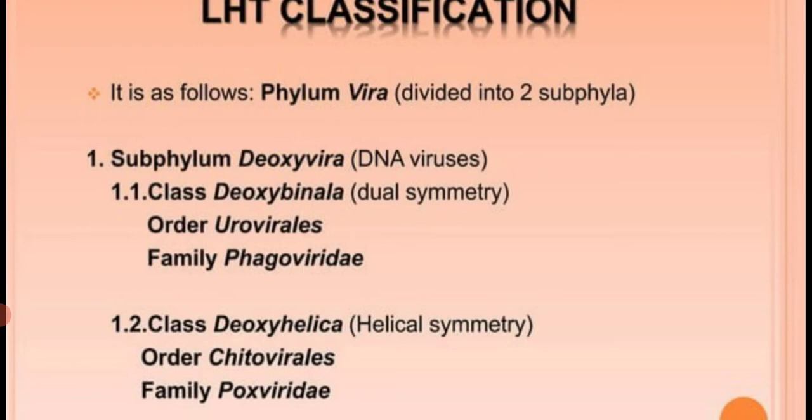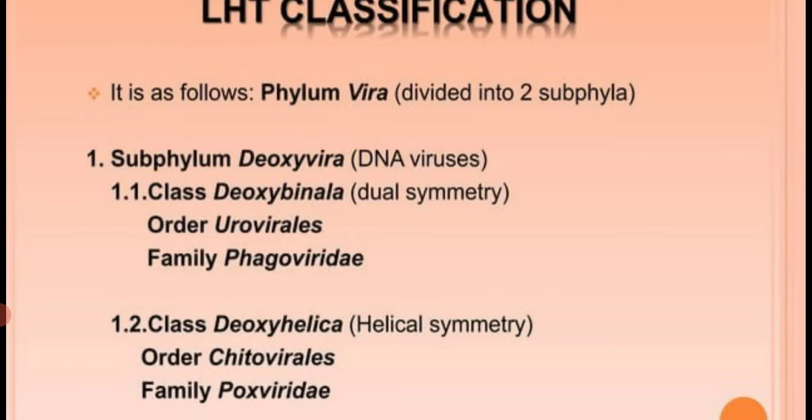It has one order, that is Urovirales, family Phagoviridae. All the bacteriophages are kept under this family Phagoviridae. The characteristic of this family was that these are complex capsid symmetry DNA containing viruses.